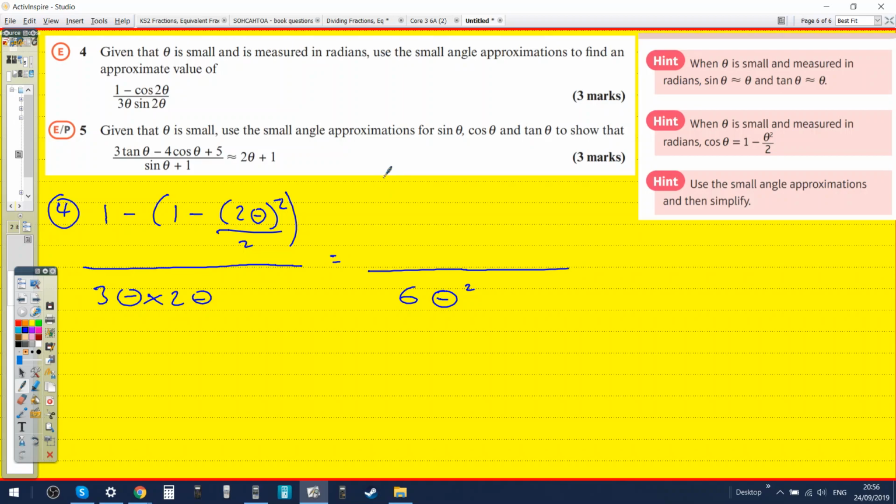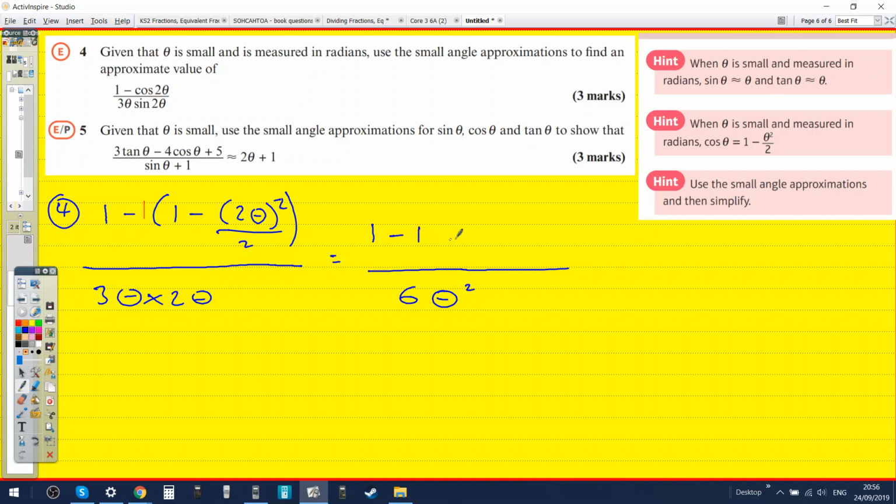What was on the top again, sorry? 1 minus 2 theta squared. Okay, expand. So if I was to expand the top, if you're subtracting it, you can expand it by minus 1.